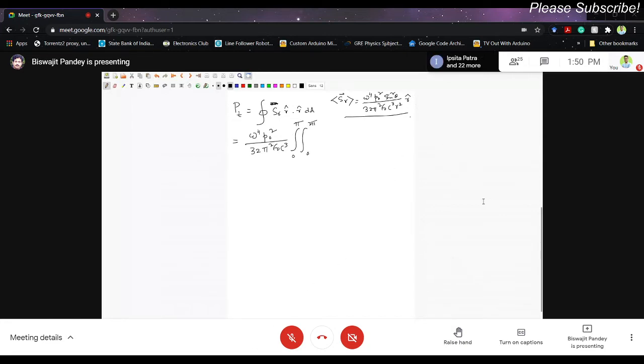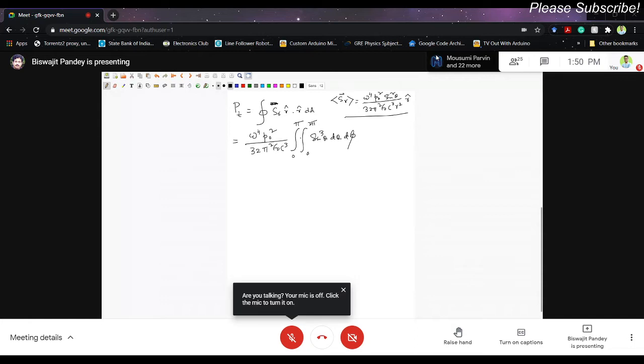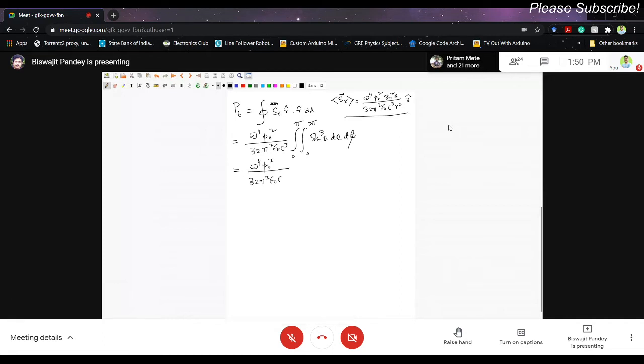Sine square theta into sine theta is sine cube theta d theta d phi. There are no phi terms, so d phi will give you 2 pi. And if you integrate sine cube theta from 0 to pi, you get 4 by 3. So you will have an expression like this: omega 4 into p0 square divided by 32 pi square epsilon 0 c cube into 2 pi into 4 by 3.